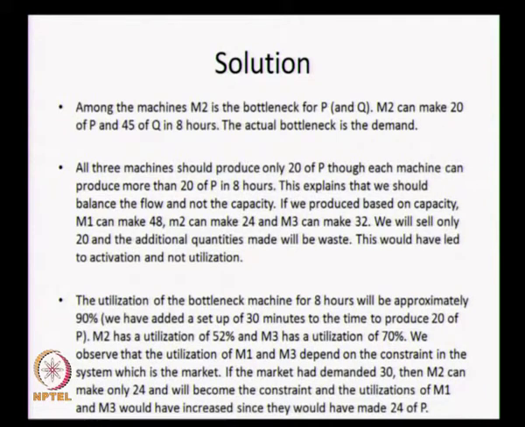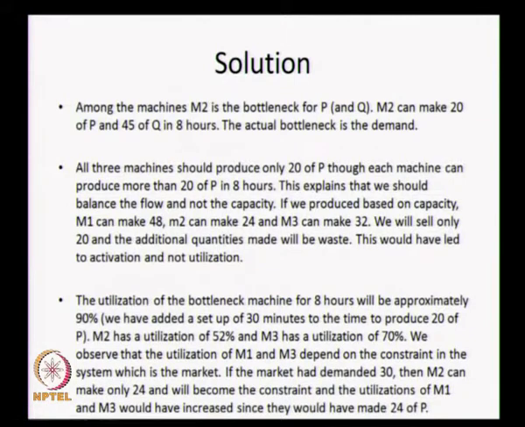If we produce based on capacity, then M1 can make a lot more than what is required, which we cannot sell, which will be activation, which takes us to principle number 5.